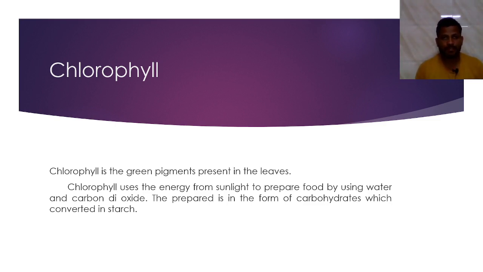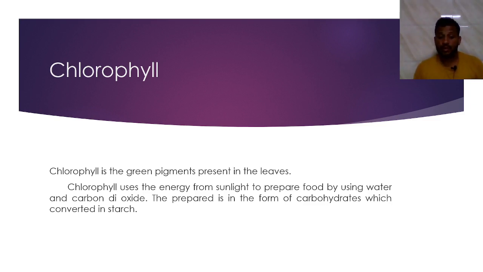If we see the green plants in our garden, in our school garden or a public garden, you see the color of the plants is green because of chlorophyll. If there is no chlorophyll present in the leaf, they don't have a green color.